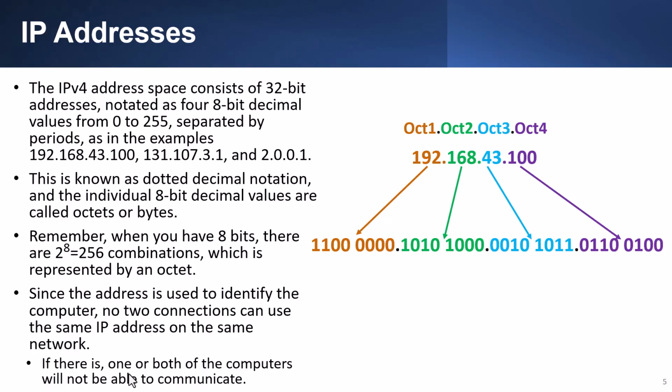This is known as dotted decimal notation, and the individual 8-bit decimal values are called octets or bytes. Remember, when you have 8 bits, there are 2 to the 8th, which is equal to 256 combinations, which is represented by an octet. Since the address is used to identify the computer, no two connections can use the same IP address on the same network. If there is, one or both of the computers will not be able to communicate.